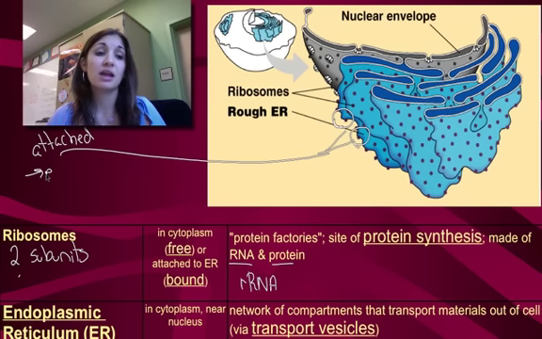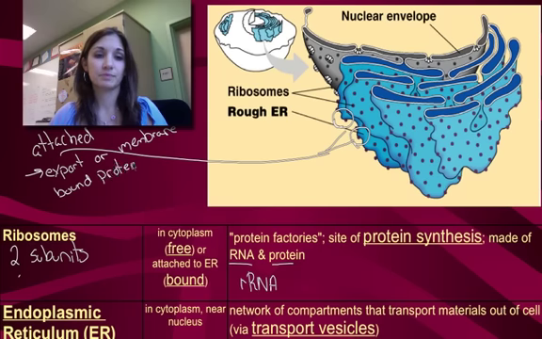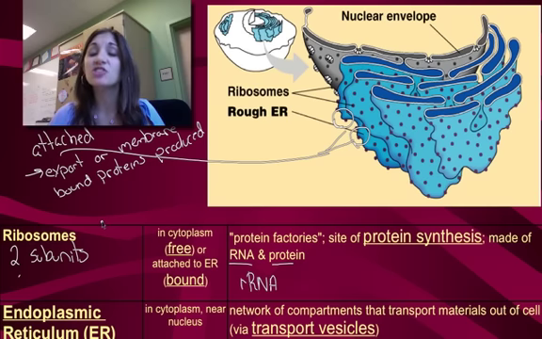So it'll either be export proteins or membrane-bound proteins produced. Ribosomes can also be free, meaning they're found in the cytoplasm. And free ribosomes produce proteins that are destined to stay in the cytosol.